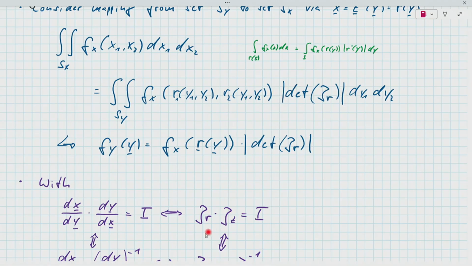The other one I get for free. I do not have to do it explicitly with this formula. I could also use another substitution here. Instead of replacing x is equal to r of y, I can also use y is equal to t of x in the substitution. But I can save a lot of work by just using this.